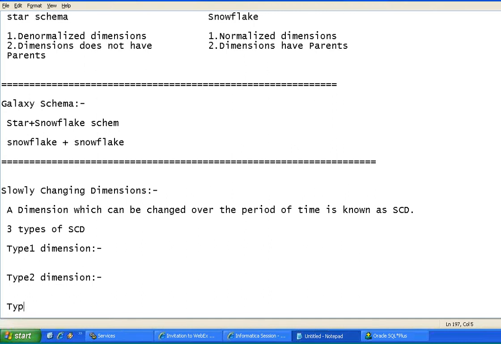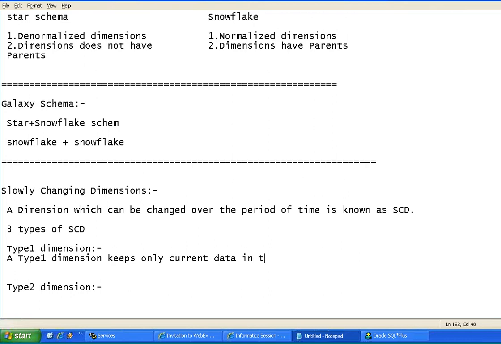These are the three types of dimensions which we have. So what is this type 1 dimension? A type 1 dimension keeps only current data in the target.